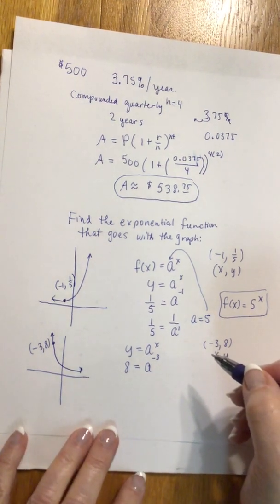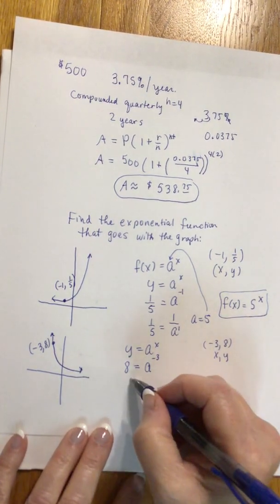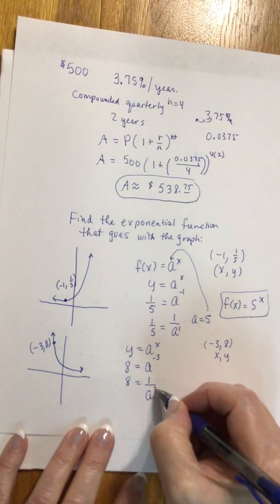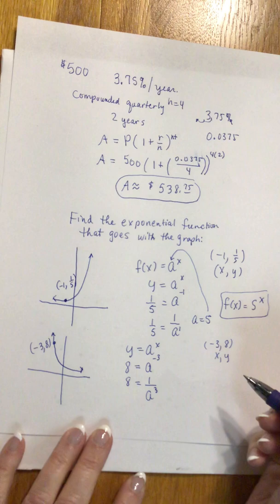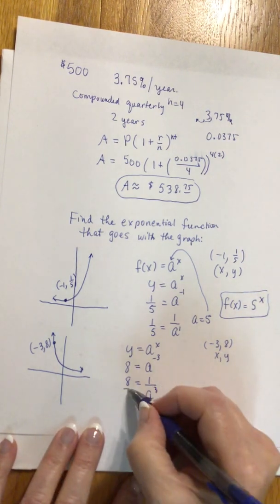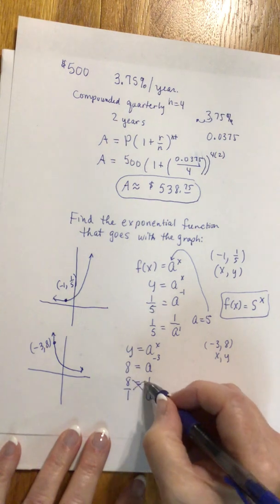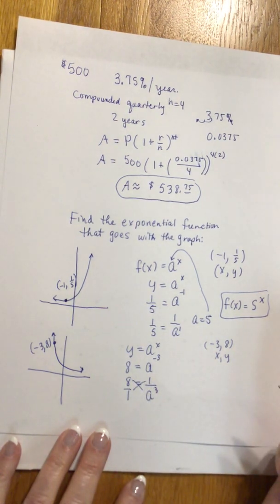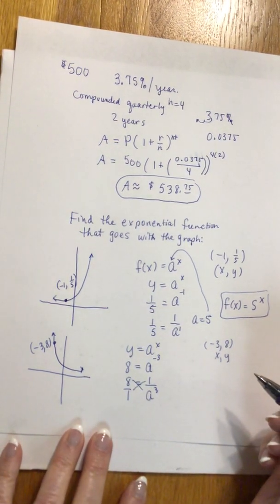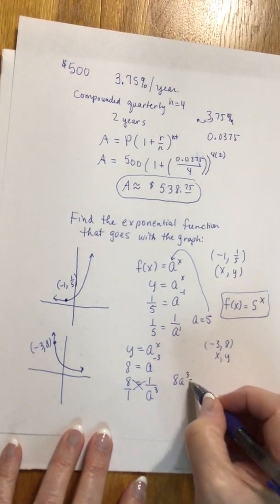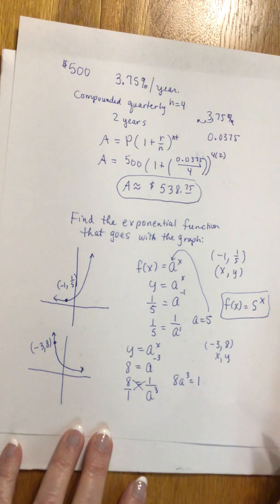So when we do this one, we're going to rewrite it. So I get 8 equals 1 over a to the third. I can put this 8 over 1, and I can cross multiply, because I have a proportion, two fractions equal to each other. So this is going to give me 8a to the third equals 1. But I'm still solving for a, right?